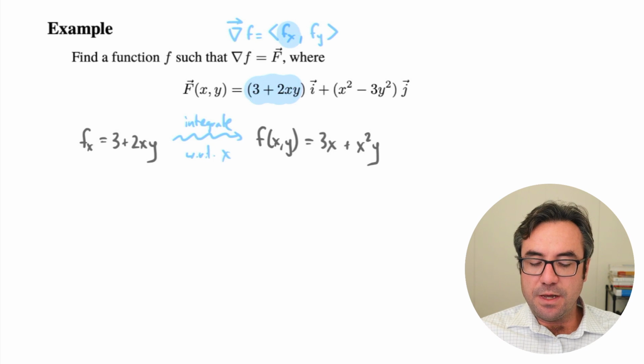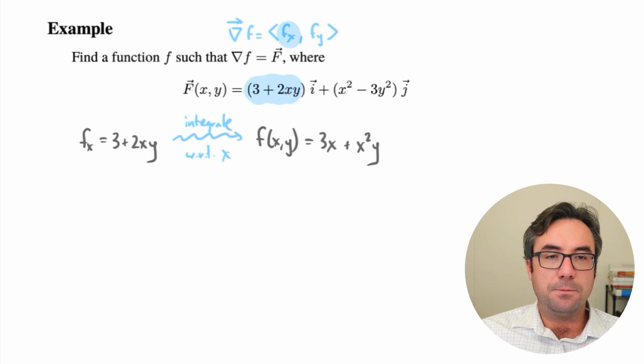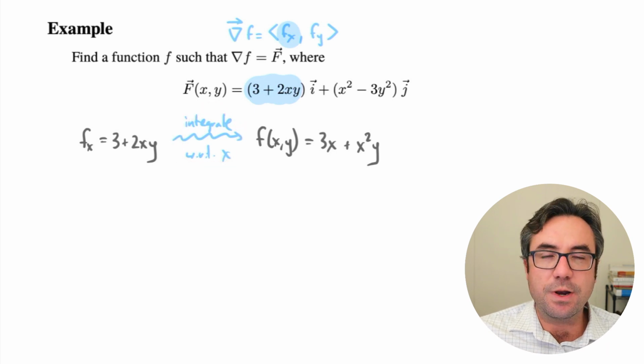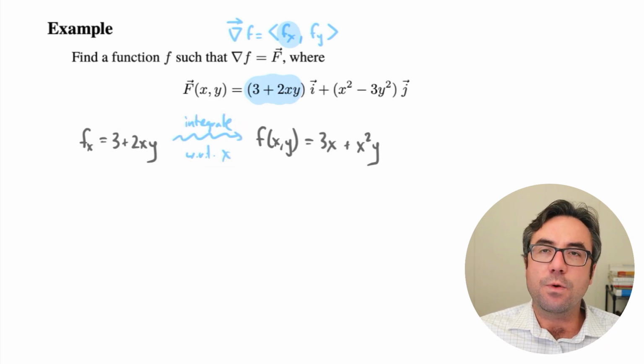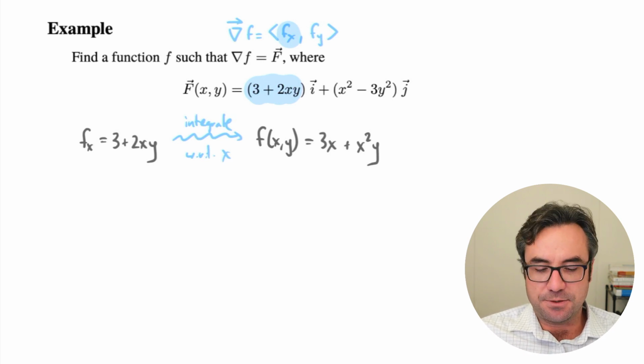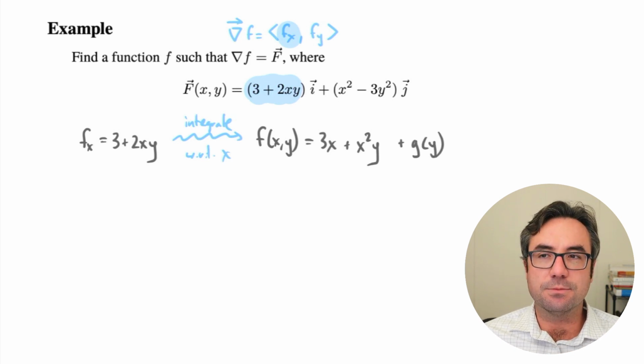Now, normally when we integrate, we throw a plus c on at the end. Because we're doing a partial integration, just with respect to x, rather than plus c, conceivably there could be y terms. So instead of plus c, we're going to write a function solely in terms of y.